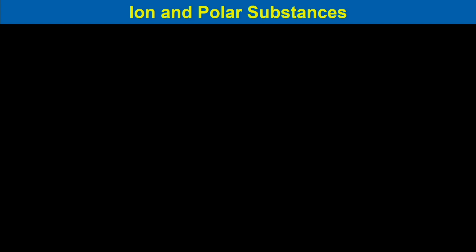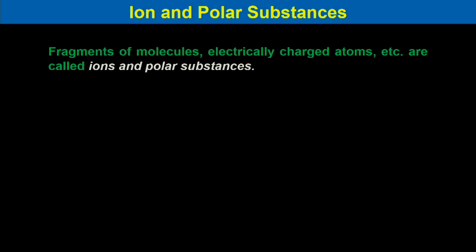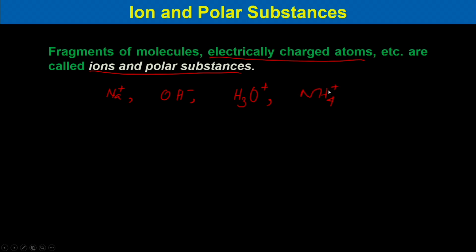Now, ions and polar substances: fragments of molecules and electrically charged atoms are called ions or polar substances, like sodium plus, OH minus, H3O plus, NH4 plus, I minus, CH3OH2 plus.